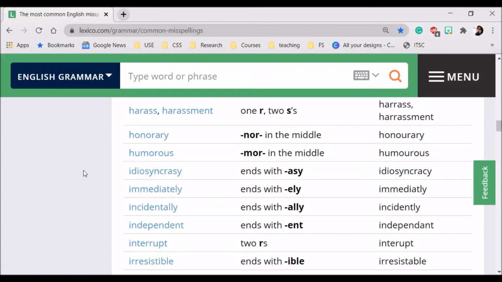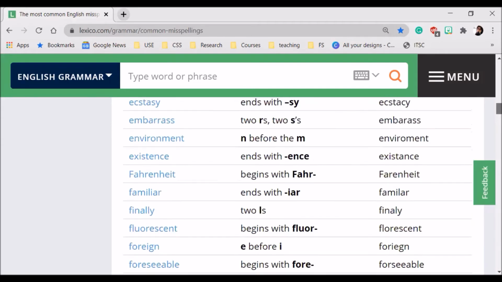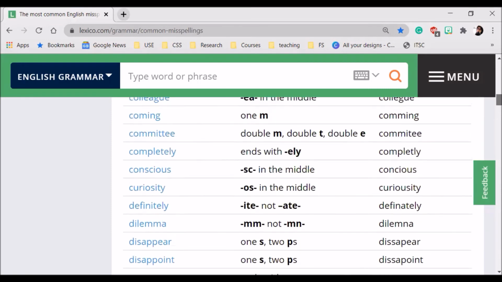So again, we have a common pattern. For the endings, you have to be careful where we have double L. Here we have single L. Okay, accidentally is ALLY. Here we have ALLY in the end. What was the word that has ALLY?